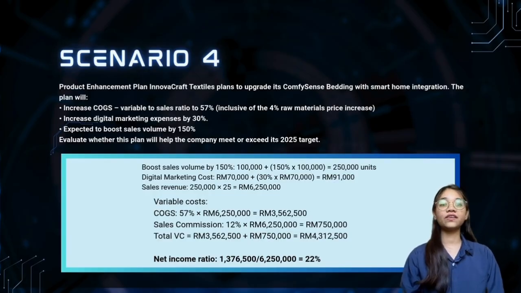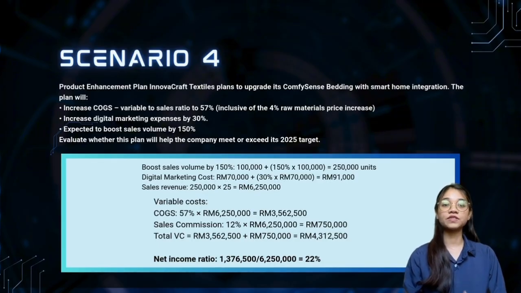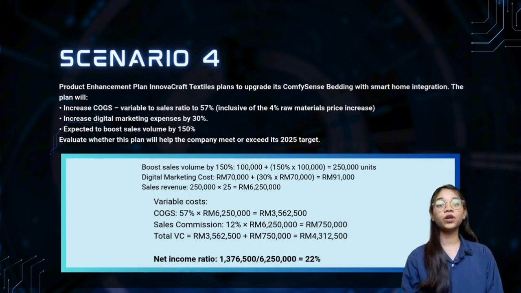However, it also increases cost. The variable cost becomes 57% of sales and digital marketing expenses rise by 30%. Based on our calculation, even with the sales growth, the net income to sales ratio is only 22%, which is below the 28% target. This shows that the product upgrade alone is not enough to meet the profit goal because the higher costs reduce the earnings.